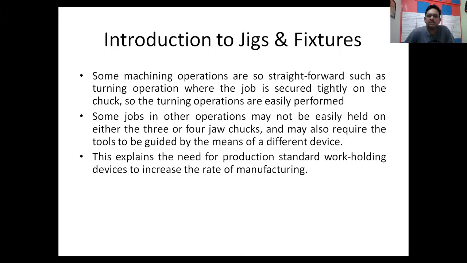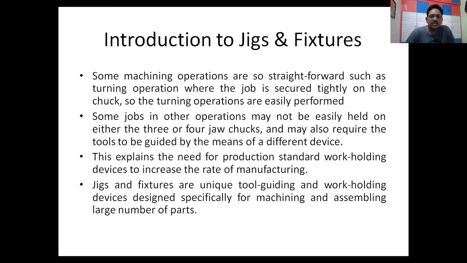We need to have some work holding devices and also tool guiding devices. All these things are needed to increase the rate of manufacturing. So jigs and fixtures are unique tool guiding and work holding devices designed specifically for machining and assembling large numbers of parts.